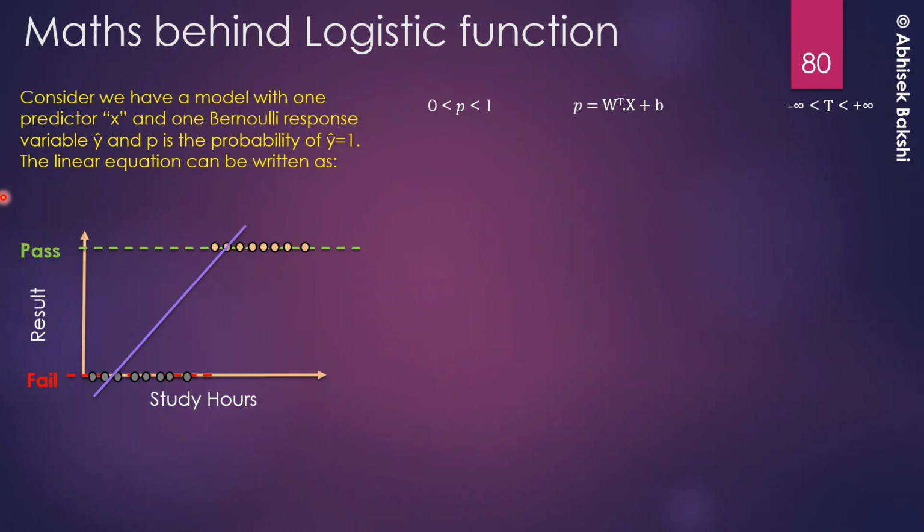But this particular equation has a problem. The problem is that we all know that probability ranges between 0 and 1. But this value of W transpose X plus B, that means basically mx plus c, for any value of X, can be in a range of minus infinity to plus infinity.